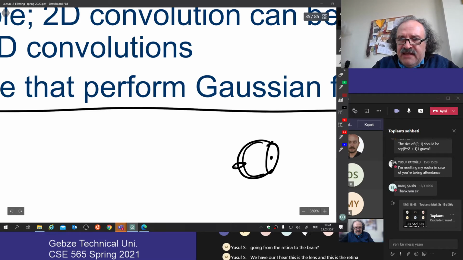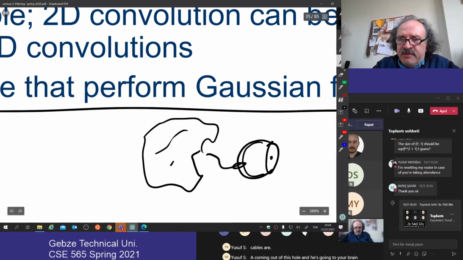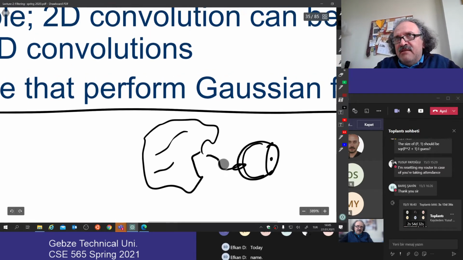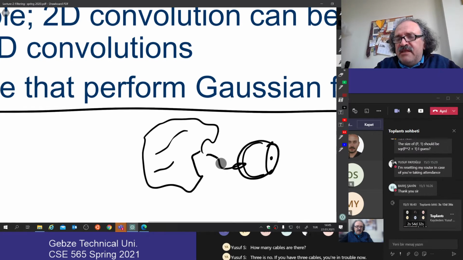I think there is the blind spot. All the cables are coming out of this hole, and it is going to your brain. This is your brain. 3? How many cables are there? 3 is no. If you have 3 cables, you are in trouble. How many cables are there?